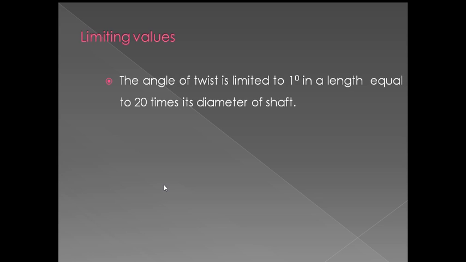So here the limiting values: the angle of twist is limited to 1 degree in a length equal to 20 times the diameter of the shaft. So the angle of twist should not be more than 1 degree, as the length of the shaft is 20 times the diameter of the shaft.